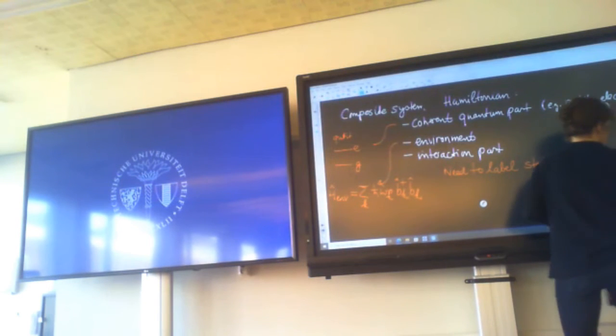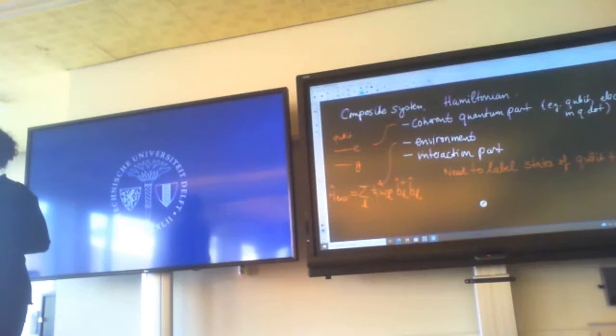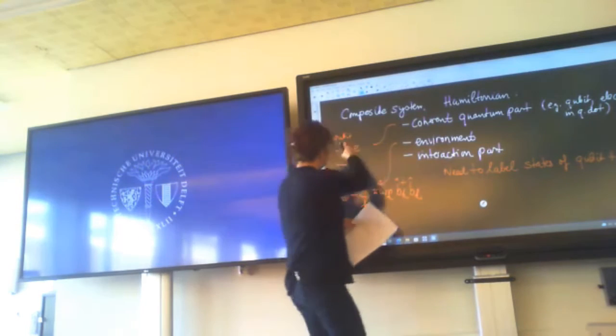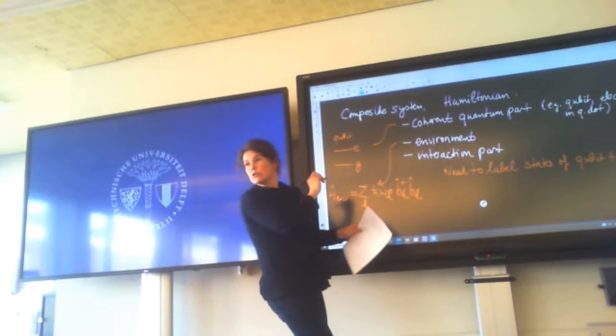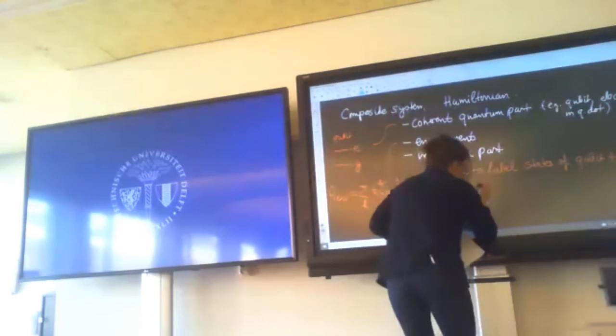And you need to specify both so that we know what state the qubit is in and what state the environment is in. So for example, in this case here, a qubit coupled to a boson bath, if you have one qubit, you could have a situation like this.